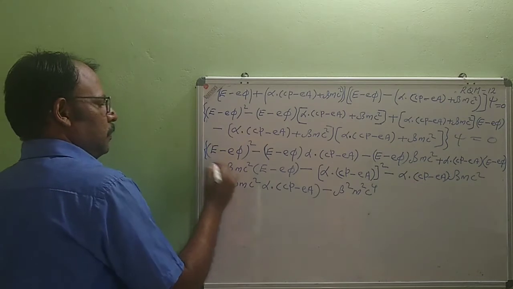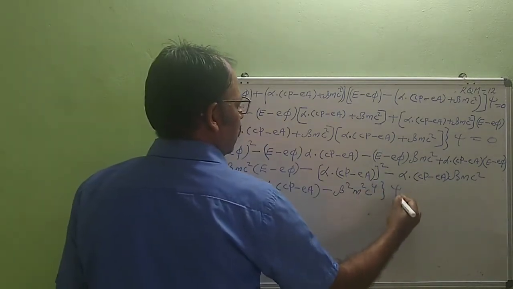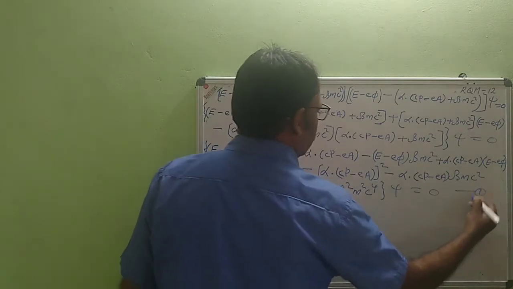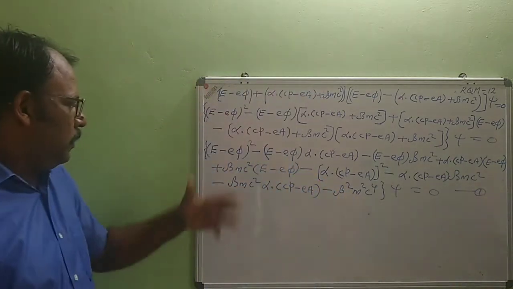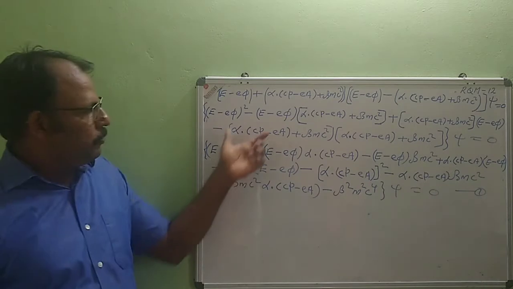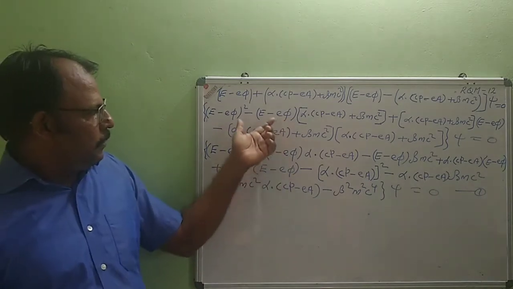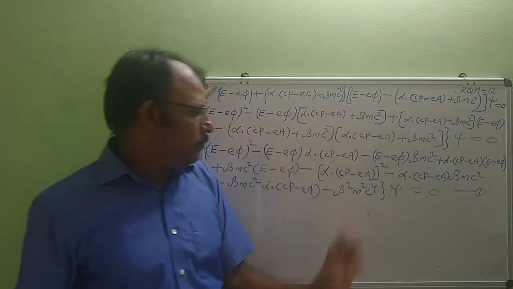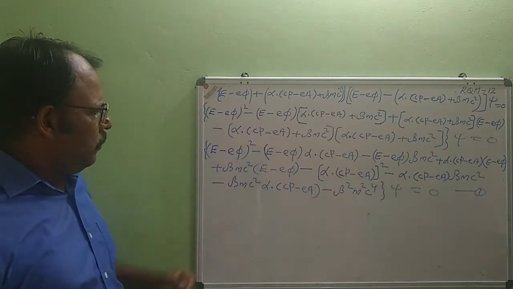Now the whole thing operating on psi is equal to 0. I am taking this as equation number 1. I don't know whether I have missed any term. You please check that. You expand all these brackets, then you will be getting a term like this one.